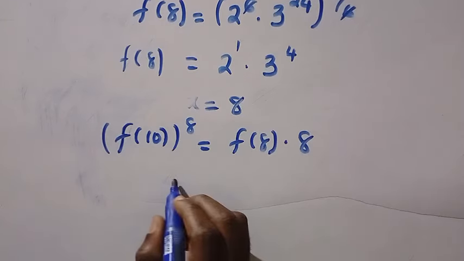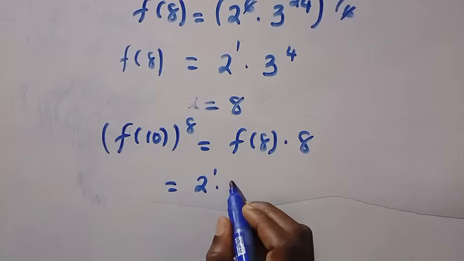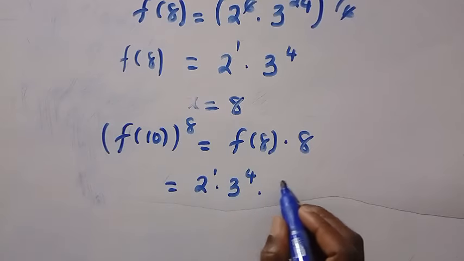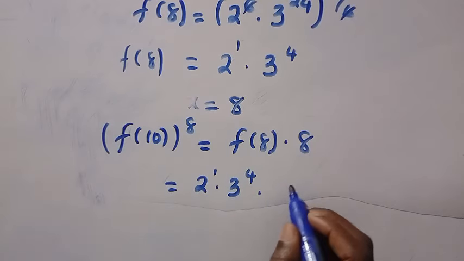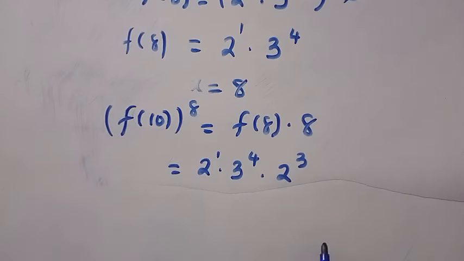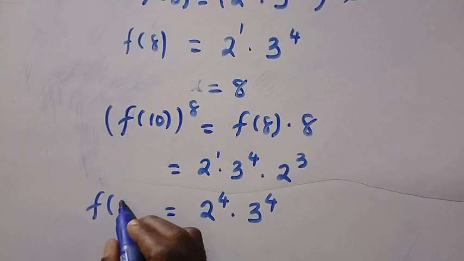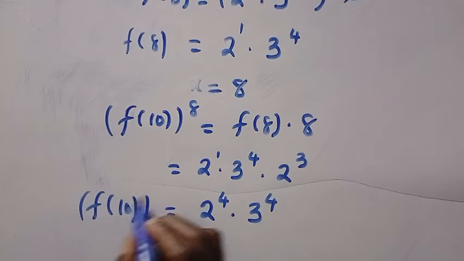Then f(8) is giving us 2 power 1 multiplied by 3 power 4, then everything multiplied by 8. But 8 here is 2 power of 3. So using the rule of exponent, this is 2 power of 4 multiplied by 3 power of 4. So all this is f(10) raised to power of 8.